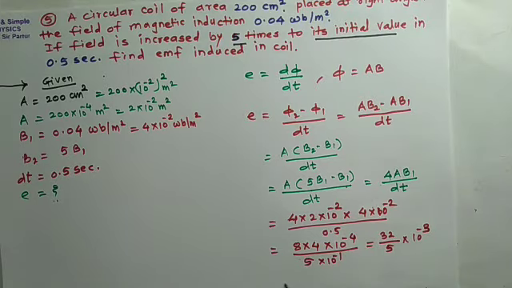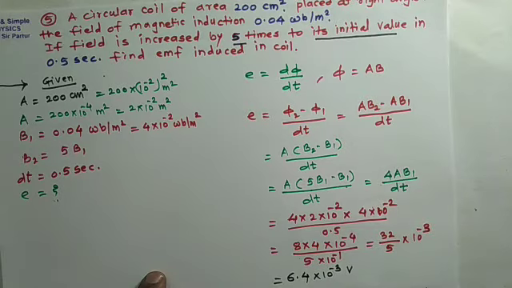So it will be 6.4 into 10 to the power minus 3 volt. So EMF will be 6.4 millivolt. That is the EMF which is induced in the coil.